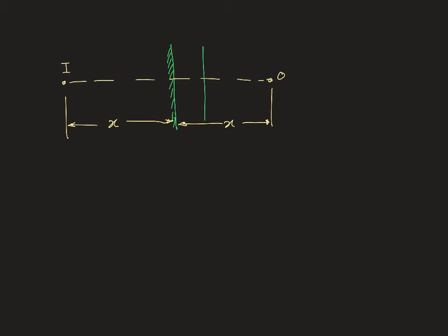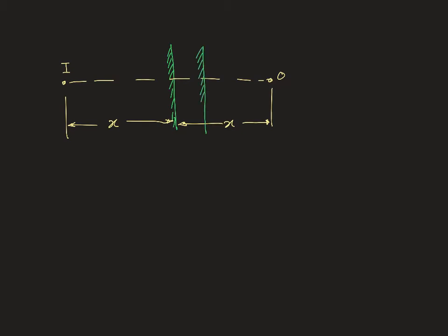Just one more diagram: mirror, and make the object fixed. This is the object and this is the image. So the distance is x. At the start the distance is x and the mirror moves with velocity v.